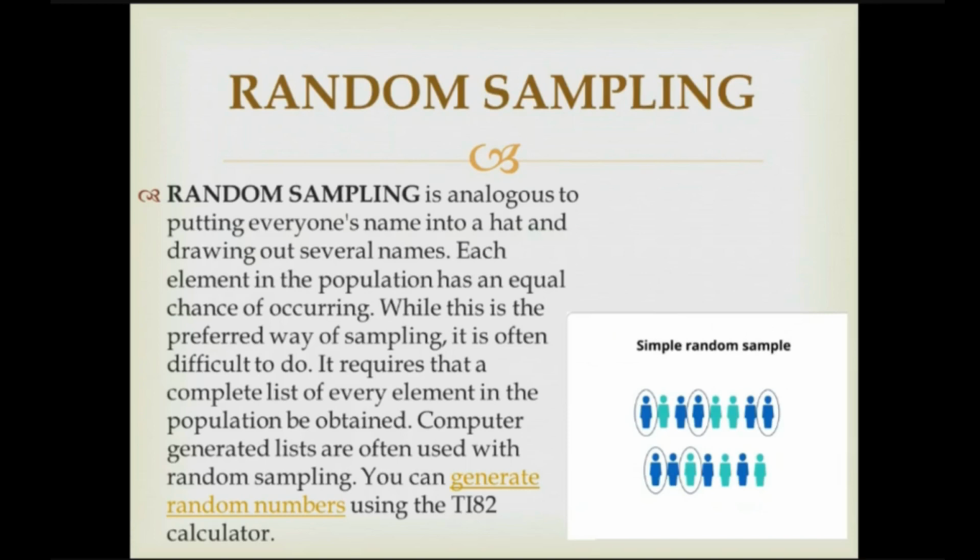It requires that a complete list of every element in the population be obtained. Computer-generated lists are often used with random sampling. You can generate random numbers using the TI-82 calculator.